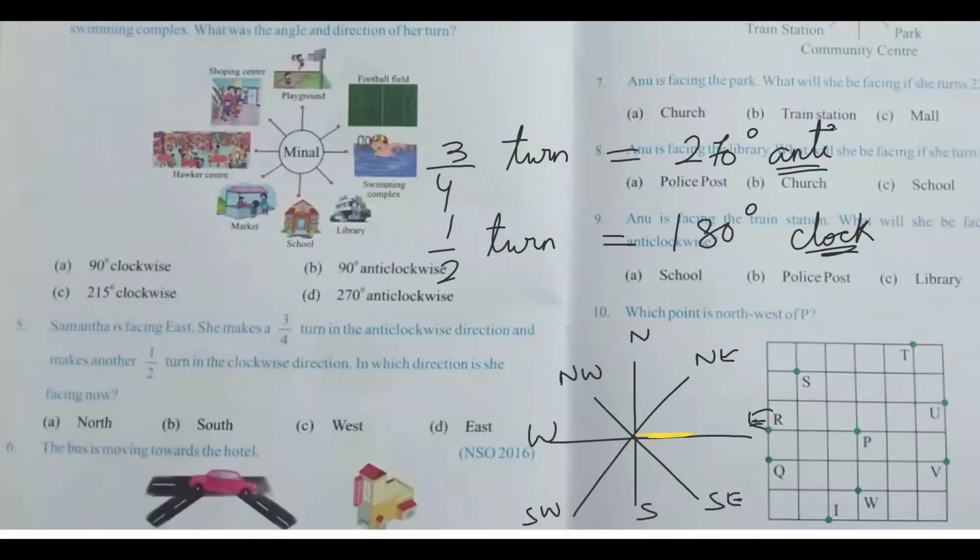So what we have to do: first, we make a 270-degree turn in the anti-clockwise direction, followed by a 180-degree turn in the clockwise direction. Let's see what we get. First make the 270 degrees anti-clockwise turn, and then from that point, again a 180 degrees clockwise turn.